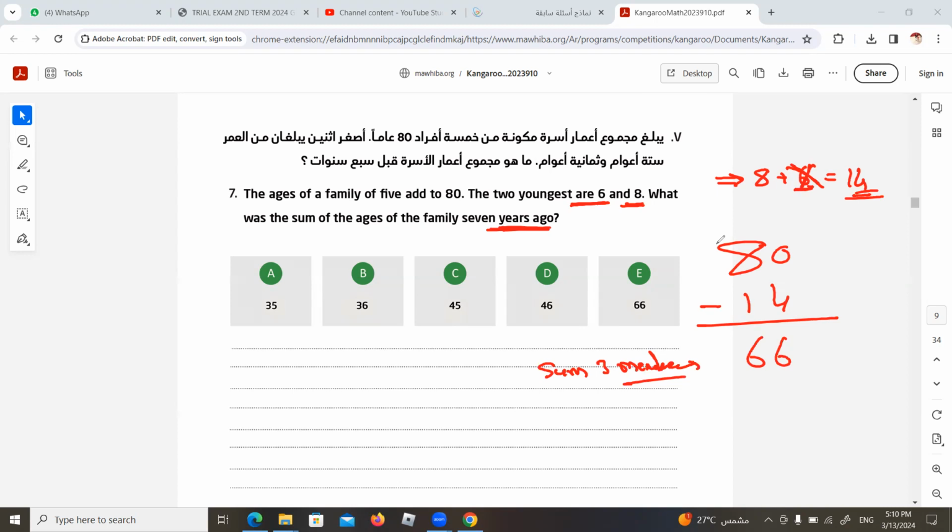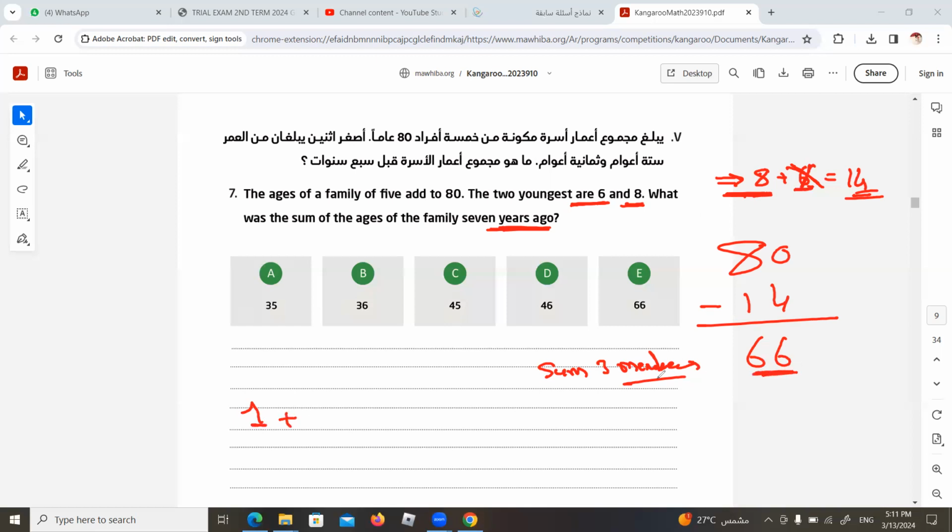So this member is not with us before 7 years. And this member which has 8 years had only 1 year before 7 years. So before 7 years, we have only 1 year for the first.